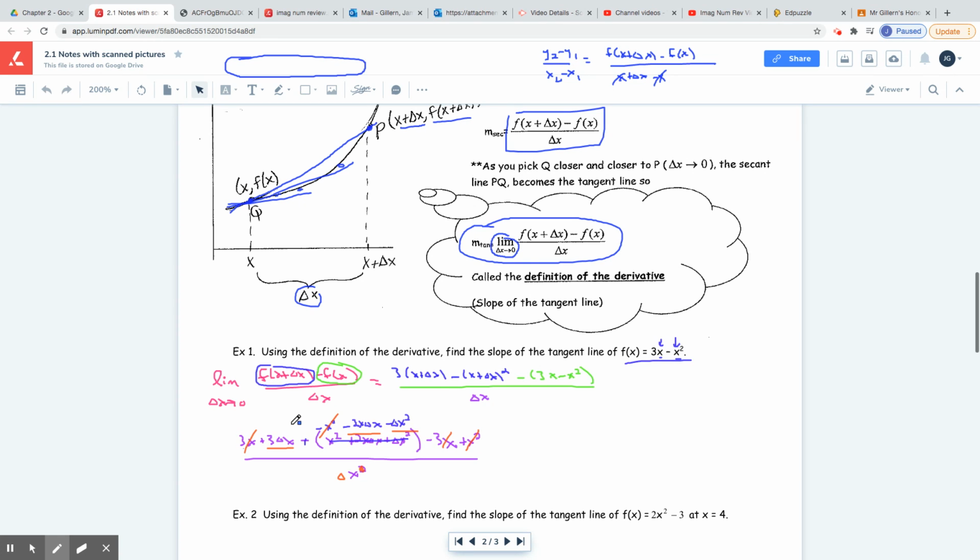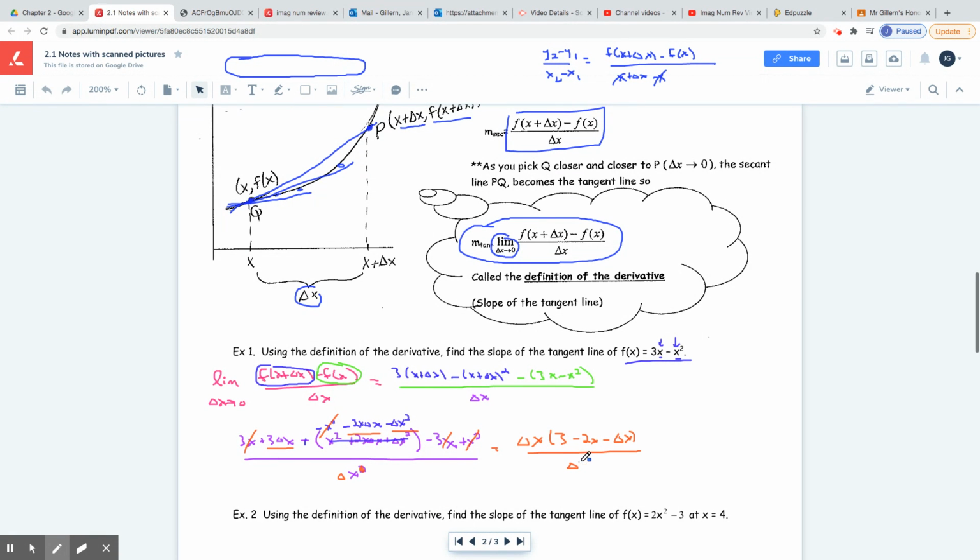What you're going to do is, once you cancel everything on top, your next step is to take out a delta x, because since all of them have a delta x in it, you can pull one delta x out. So it leaves me with 3. Negative 2x delta x leaves me with a negative 2x. If I had a delta x squared and I take one out, I'm left with negative delta x.